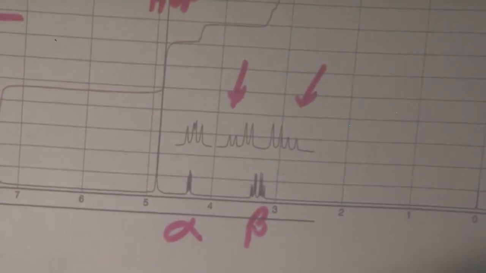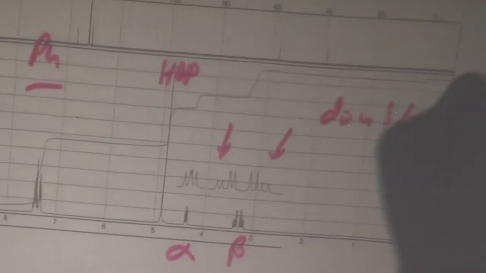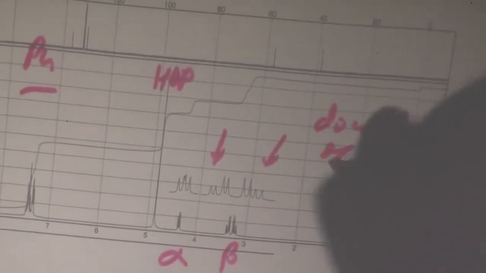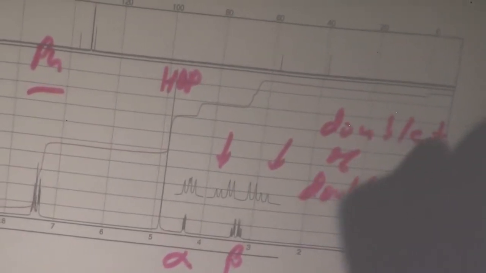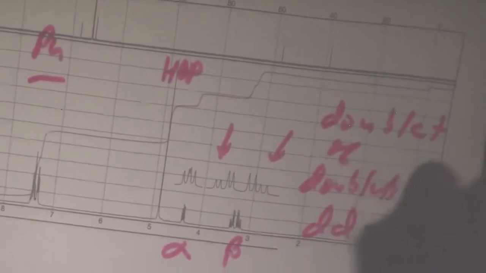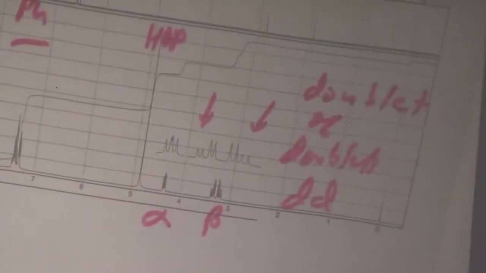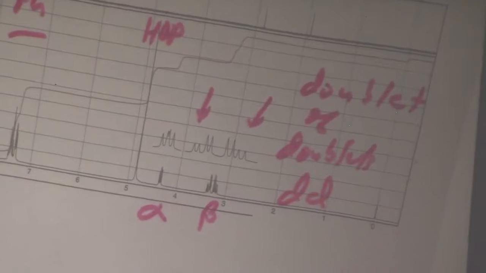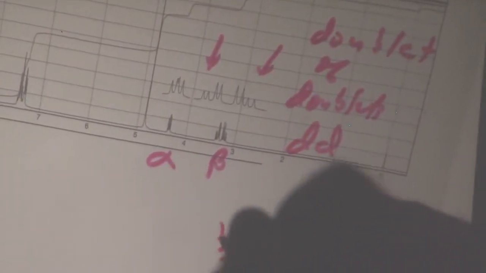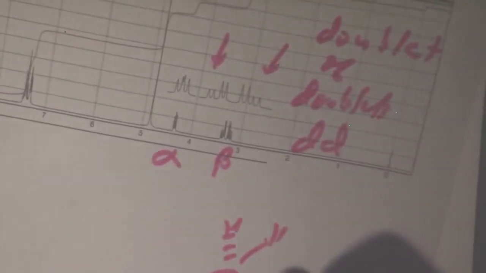And what's more, each of them is a doublet of doublets, or DD. Why? Because each of the protons splits the other one and is split by the alpha.